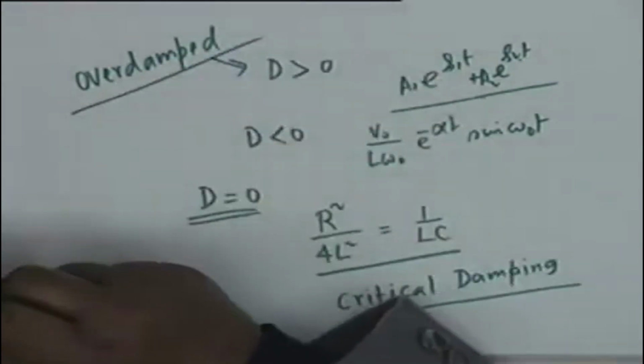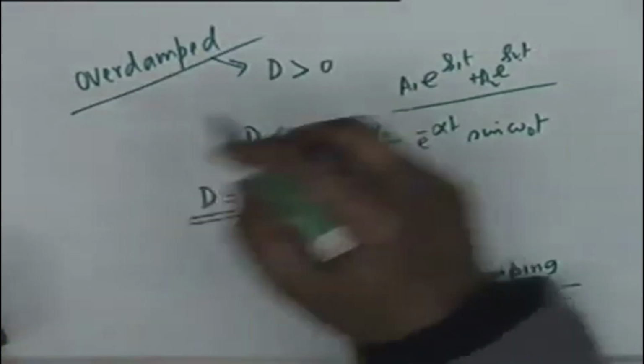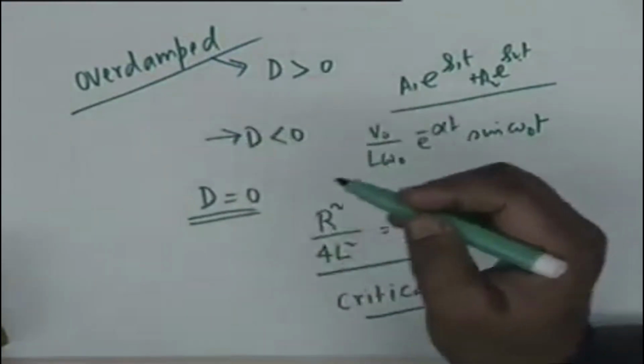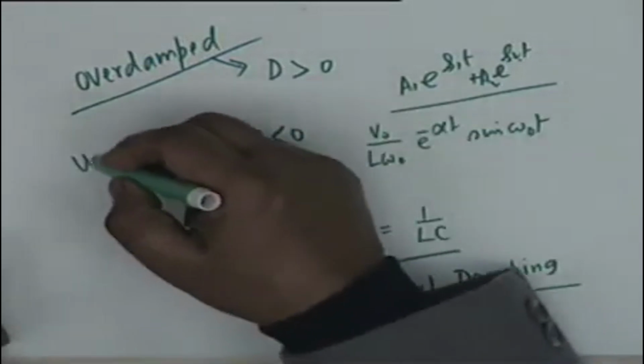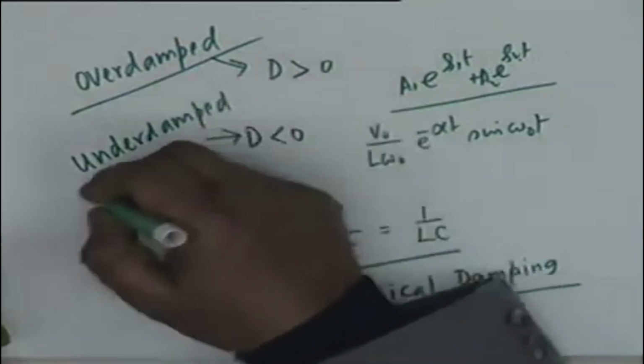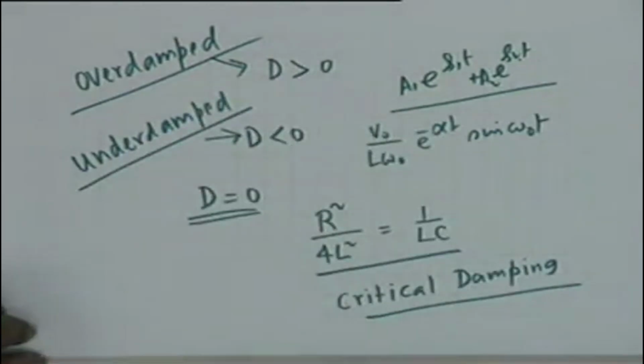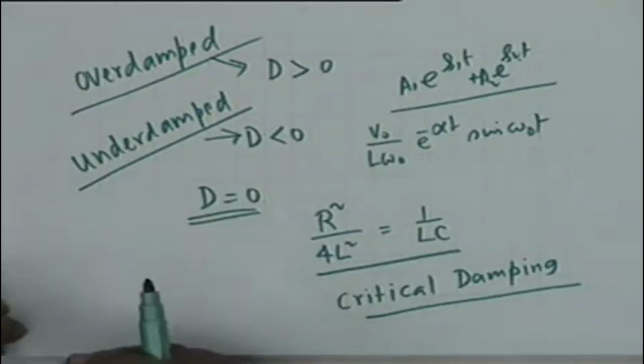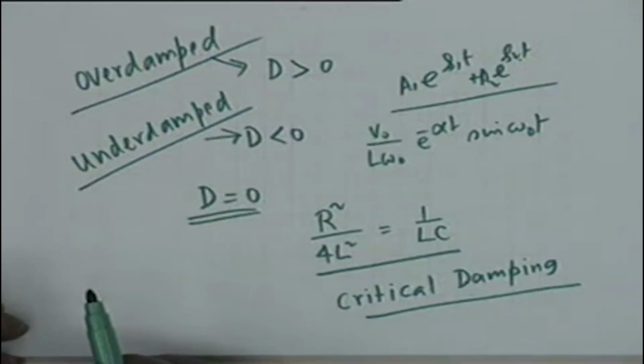Overdamped means no oscillations in the natural response, and naturally D less than 0 should be called an underdamped case. Alright, underdamped case, and D equal to 0 is the so called critical damping case. Critical damping, it determines the boundary between oscillations and no oscillations.